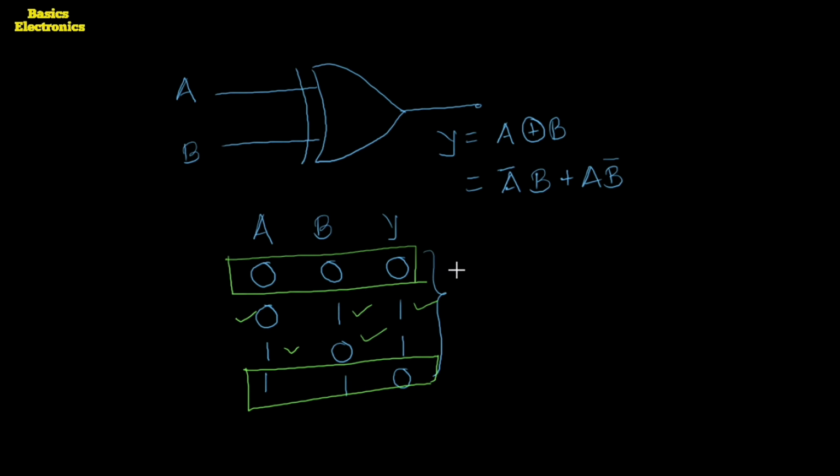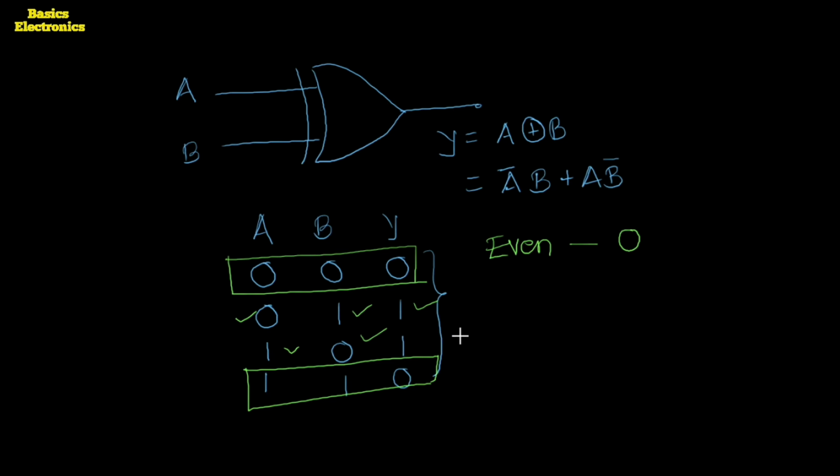If a more than 2 input XOR gate is there, then we use a different definition, and that definition is useful when we construct the parity tester or the parity generator. When there is an even number of logically high inputs, the XOR gate produces a logically low output.